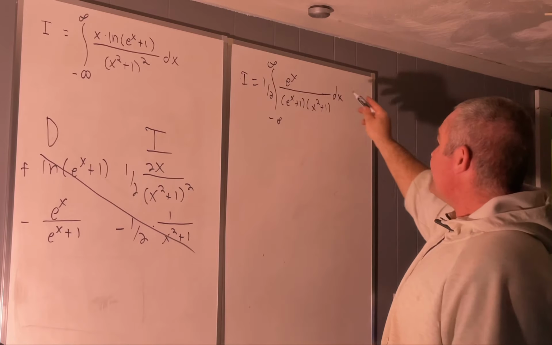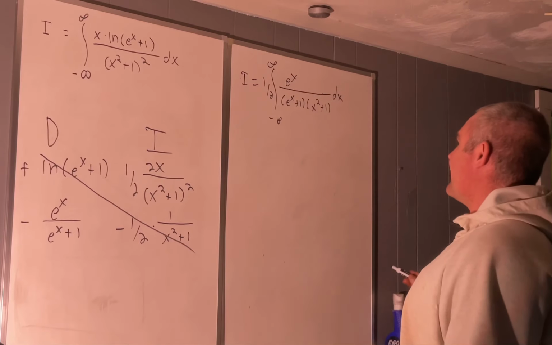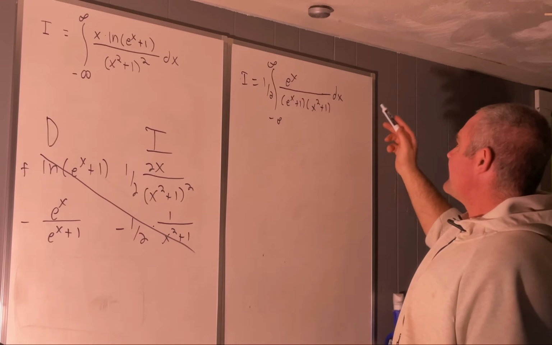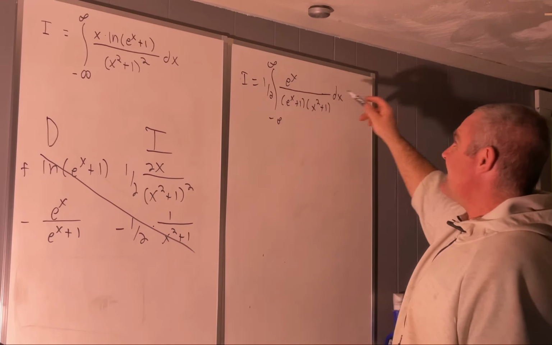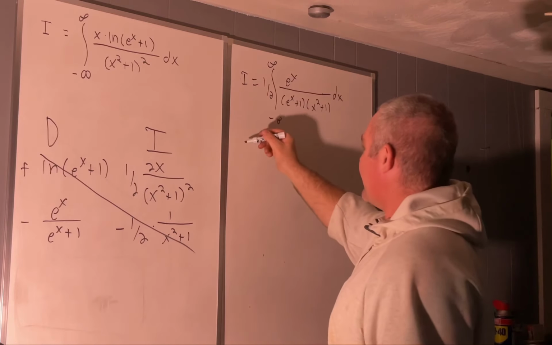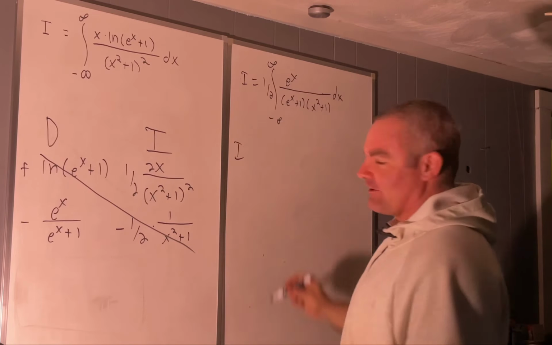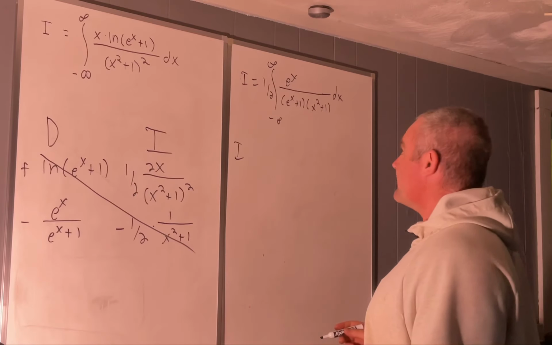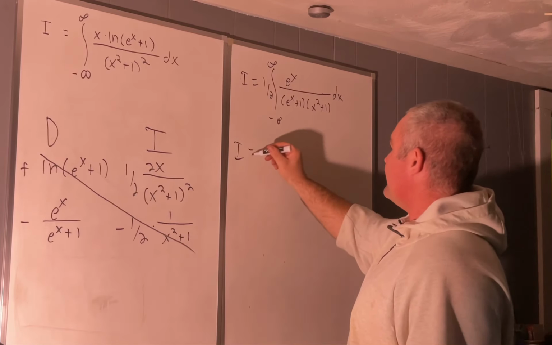Then it's pretty easy to see that if you make the substitution that some new variable is equal to negative x, we'd get that I. And I'm not actually going to be switching the variables. I'm just going to be doing it directly.